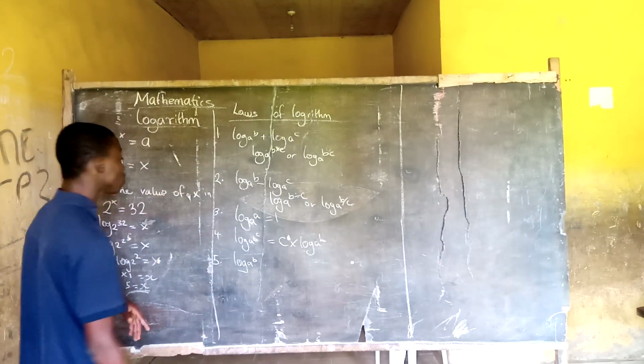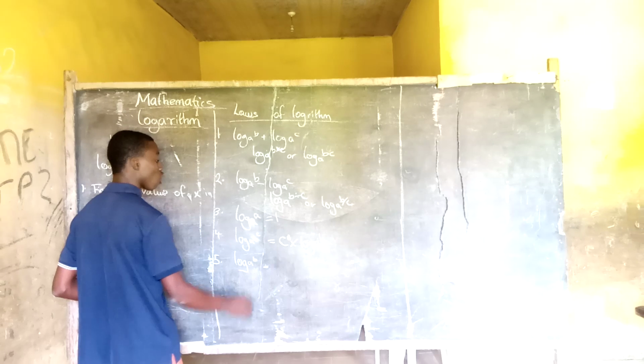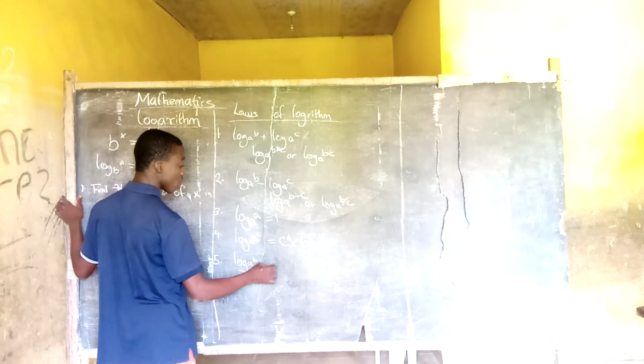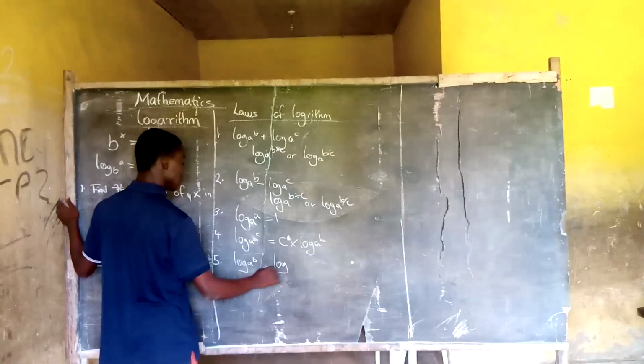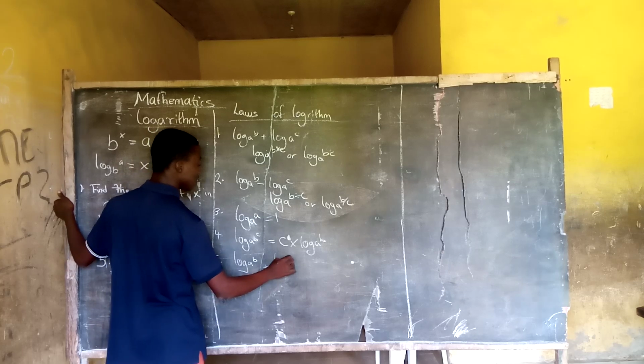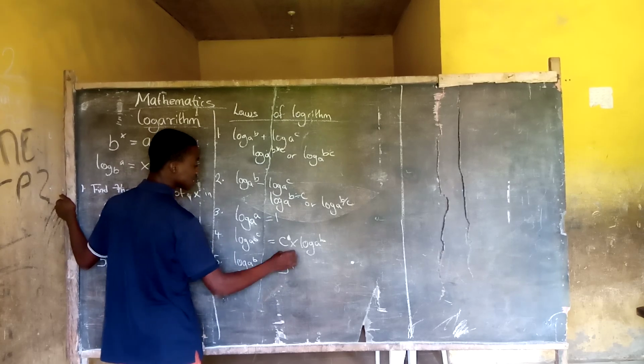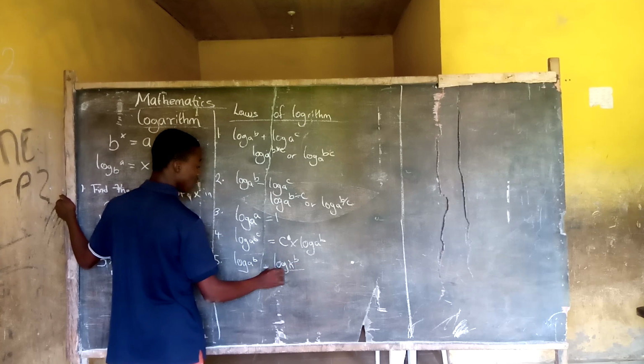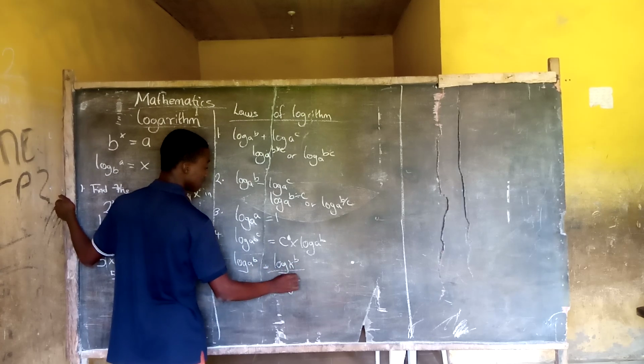We are allowed to take our own stylish way of doing things, and we can get something like log to base k to power b all over log to base k to power a.